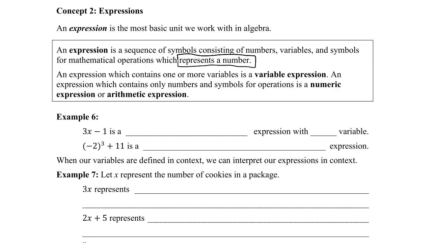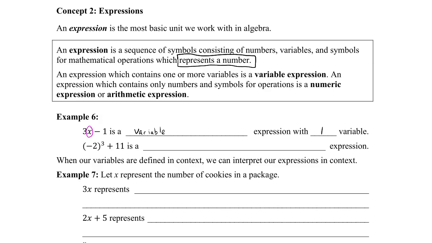represents a number. An expression might contain variables, in which case we call it a variable expression, or it might not contain any variables, in which case we call it a numeric expression or an arithmetic expression. So 3x minus 1, this is a variable expression because it contains one variable, specifically x.